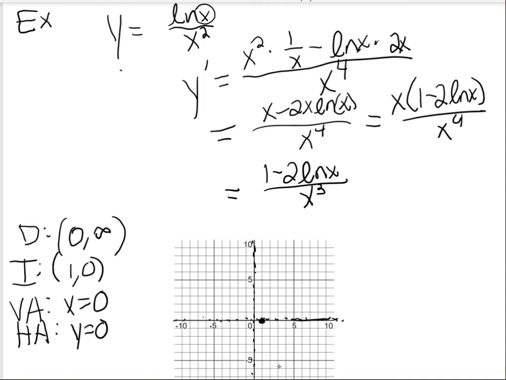Okay, so what are the critical numbers? Well, if you look at the denominator, to find where it's undefined, at an x value of 0, because you can't divide by 0. And you get that by taking x cubed equals 0 and solving.